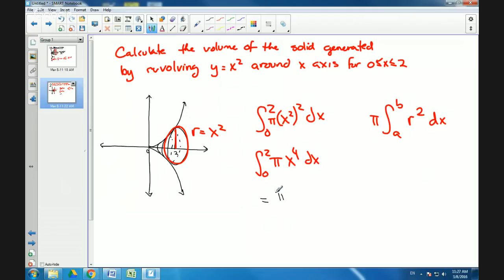Pi x to the fifth over 5, evaluated from negative 2. And what's the answer, Caleb? Good? Okay. Like I said, we get lots of practice with this stuff.